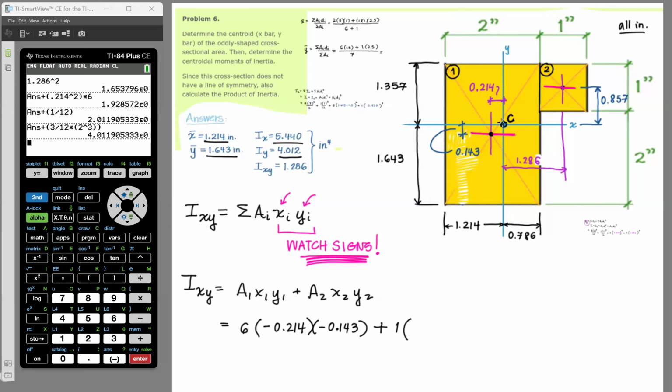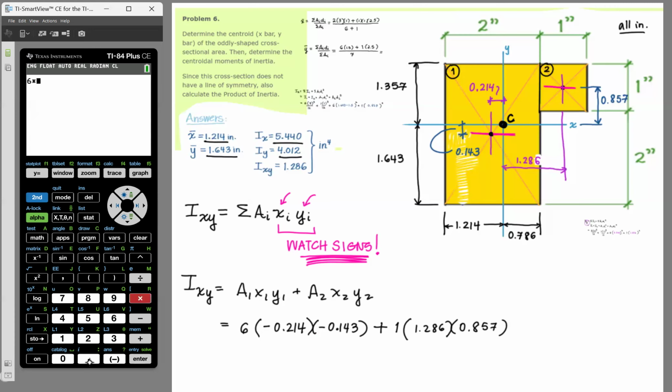X2. So you could think of these really like an ordered pair. So it's like if I start at the overall centroid C, and then I go this distance and this distance, I go positive, positive. 1.286 in the X direction, 0.857 in the Y direction. That's all there is to it.